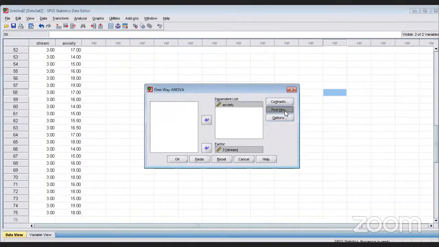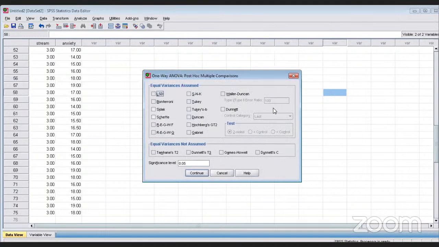Now in the post hoc test, because here we have 3 independent groups, it is quite possible that my F value may be significant.